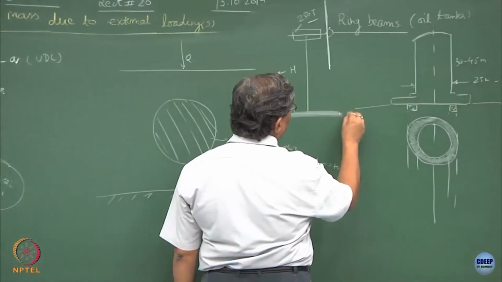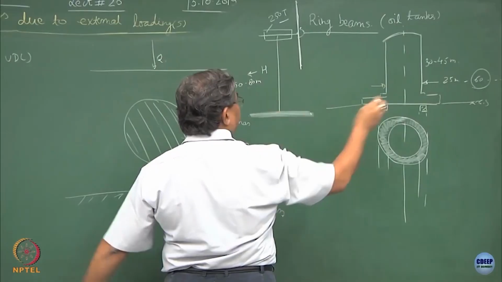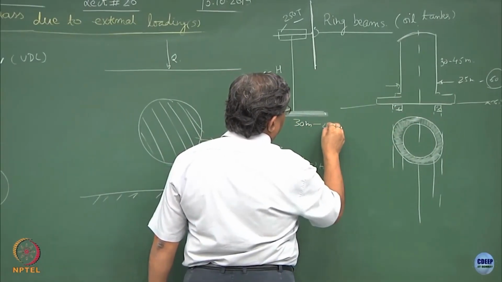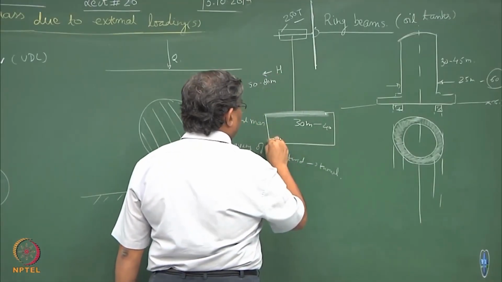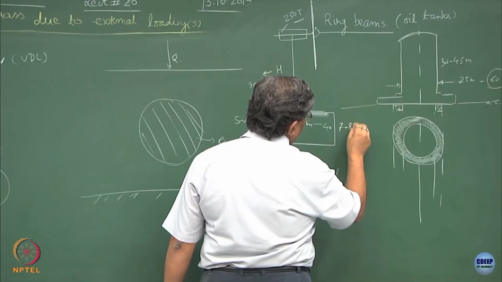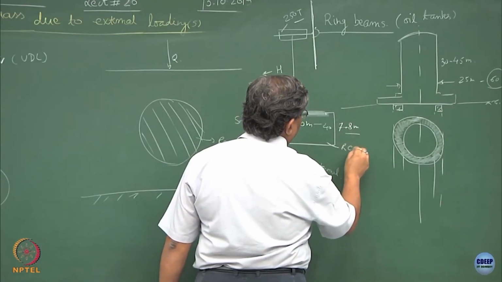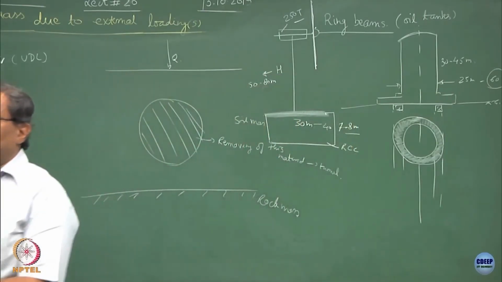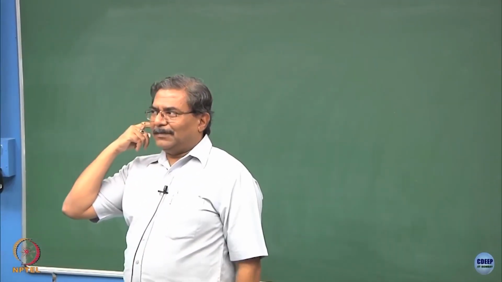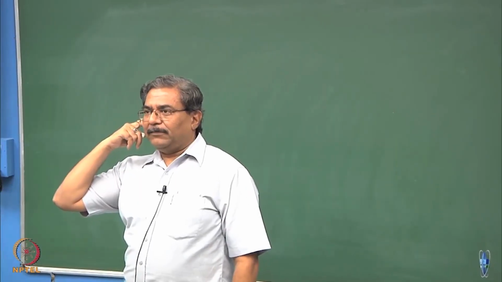What type of foundations would be required here? Massive foundations, 30 meter diameter, 40 meter diameter, rafts, thick units, about 7 to 8 meters thick, monolith, RCC. Then this fan is going to stand there. What is approximately 7 to 8 meter thickness of the raft?